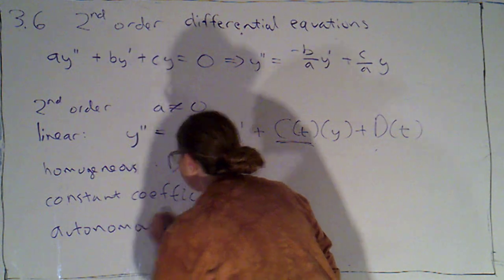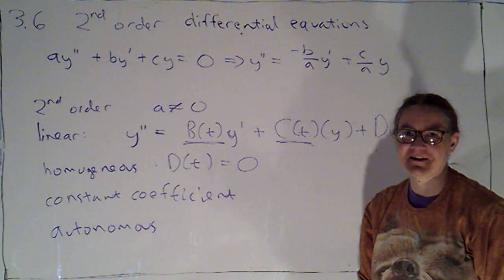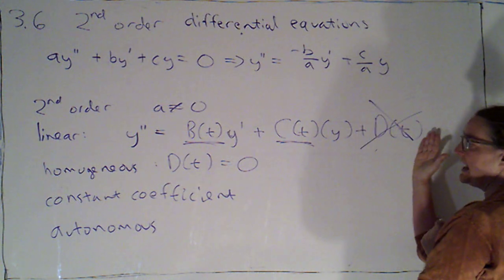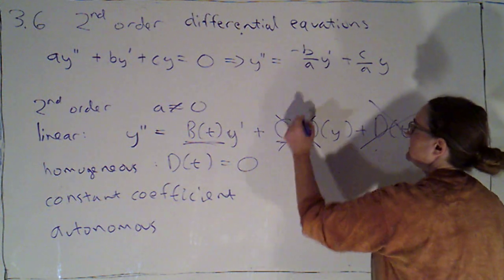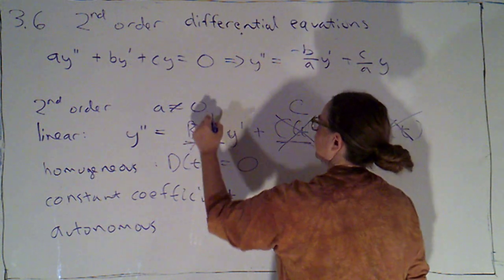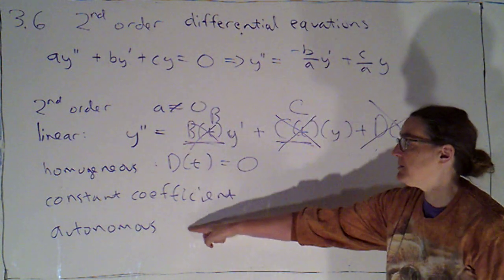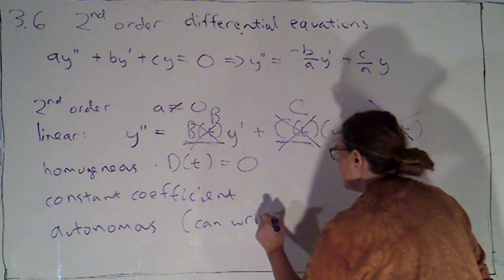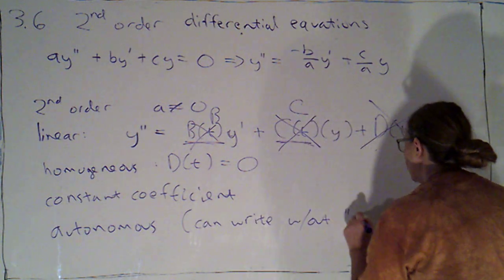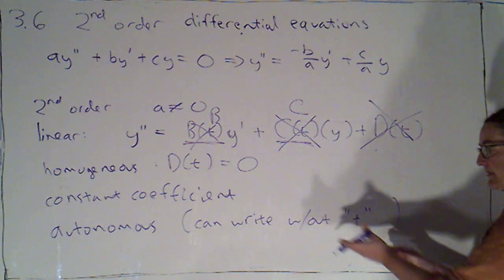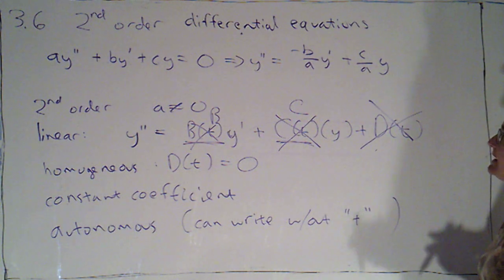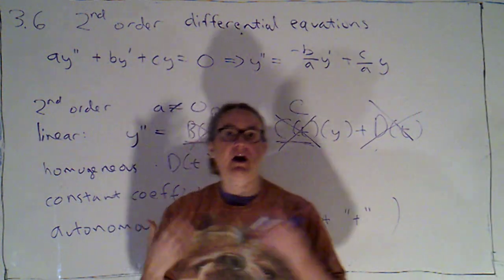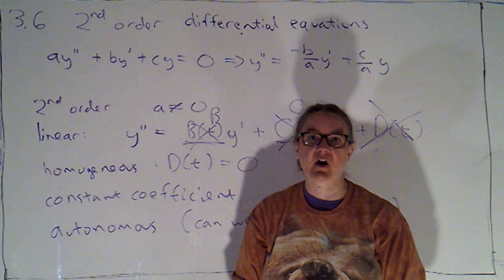Now at this point, it's redundant to say that this is autonomous, because if it's both homogeneous, so that I don't have any of these, and constant coefficients, so that's just a c and that's just a b, then it's going to be autonomous. That just means I can write it without ever having to write the symbol t, so that the only way that t shows up is with the understanding that y, and then of course y prime and y double prime, are unknown functions of t that I'm trying to solve for.